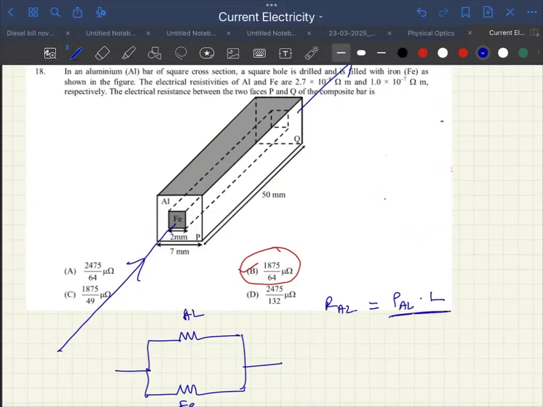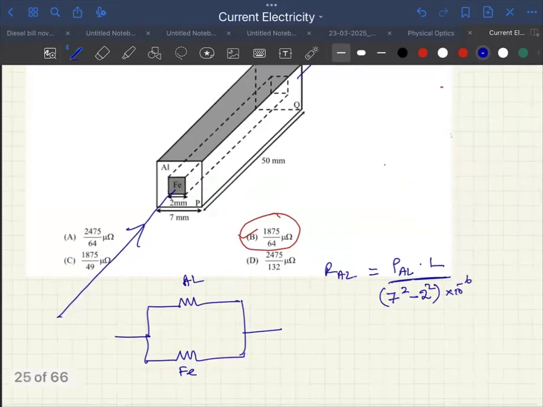Area of aluminum: 7 square minus 2 square, and since millimeter, 10 power minus 6. Now please confirm, have you followed this or not? Hey, what is the area of only aluminum? Not 7 square. It is not 7 square, out of which 2 square is the iron part. So you should remove that.